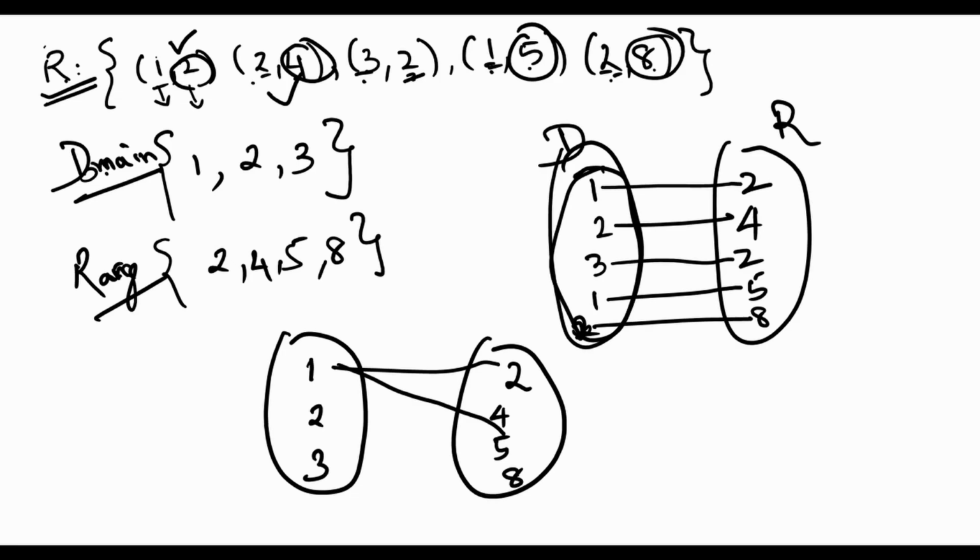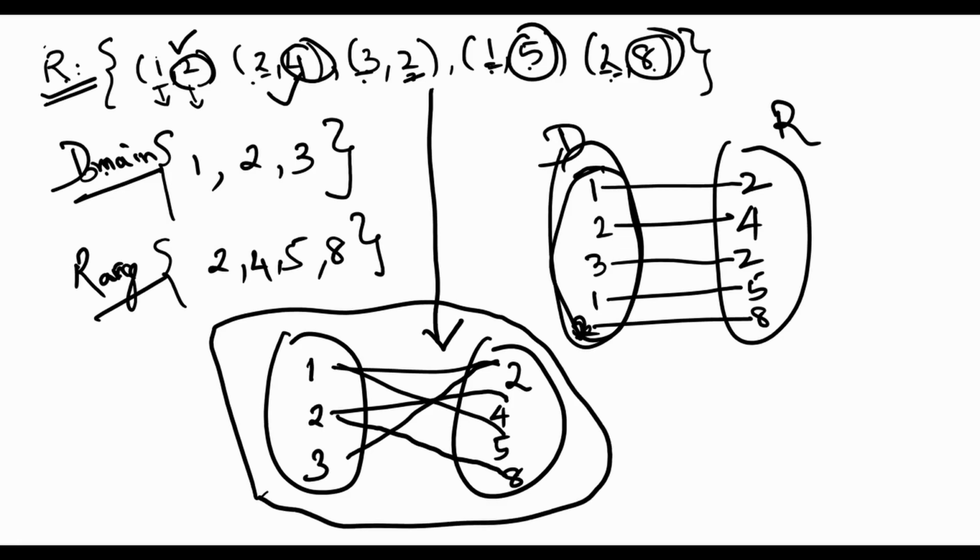So you can draw like this. 2 is related to 4, and 2 is also related to 8, right? 3 is related to 2. So this relation can be represented on a map diagram, okay, with lines going from domain to range.